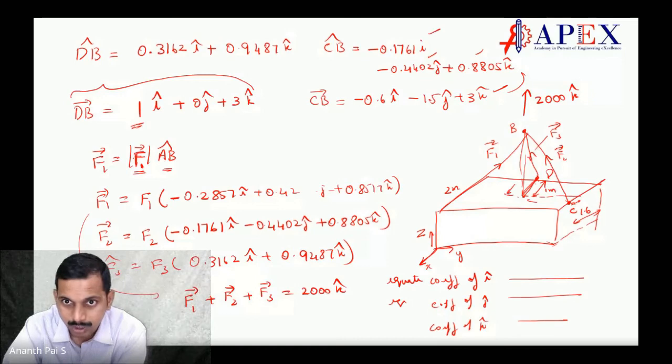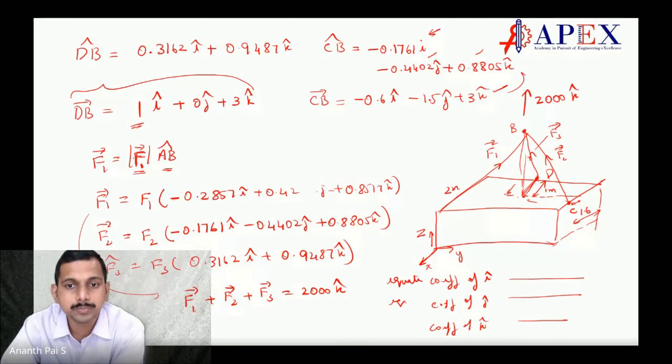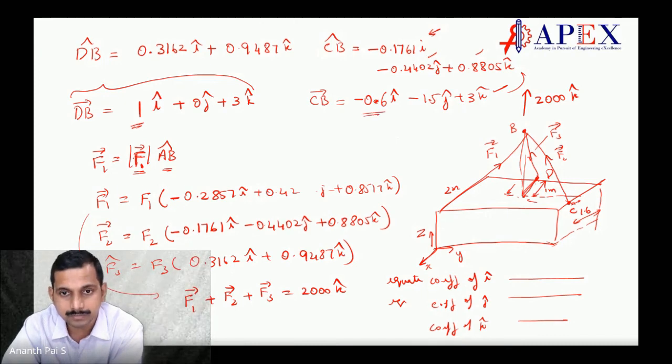But this you got wrong. So that first value is 0.5 divided by square root of 0.5 square plus 3 square, is it not, sir? No, it is 0.6, not 0.5. That's why you made a mistake. CB first one is 0.6. You're talking about CB, right?